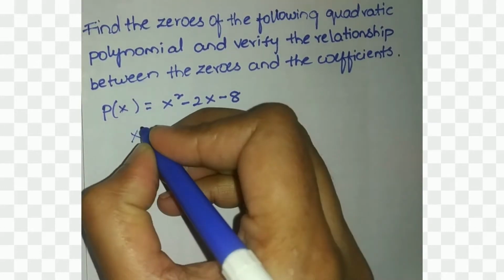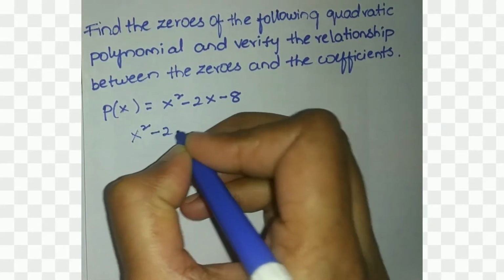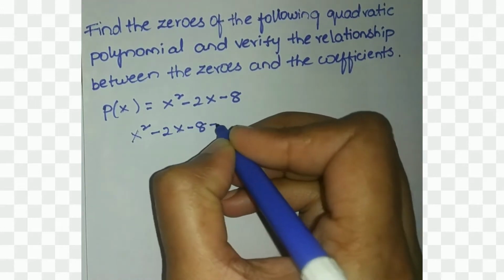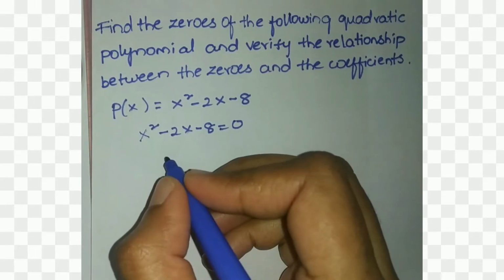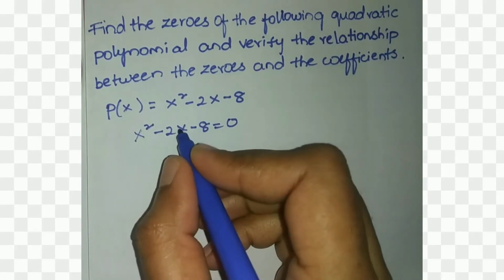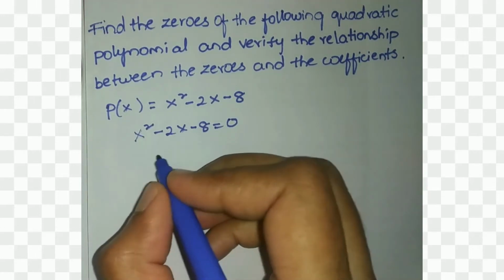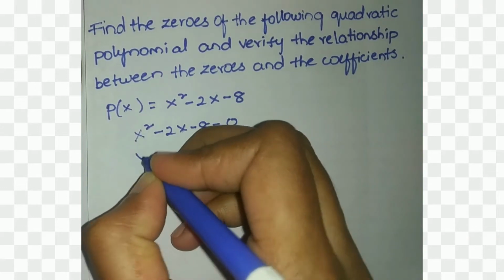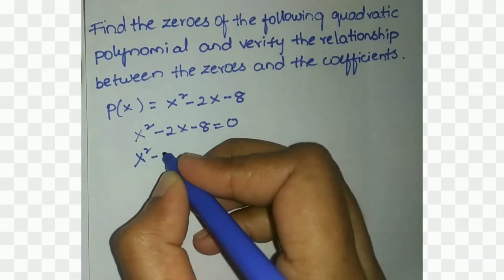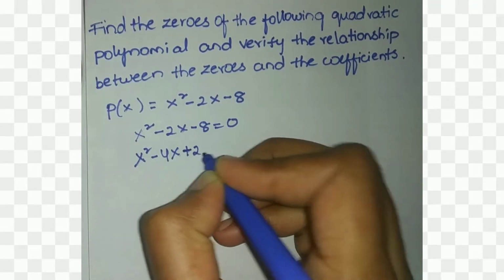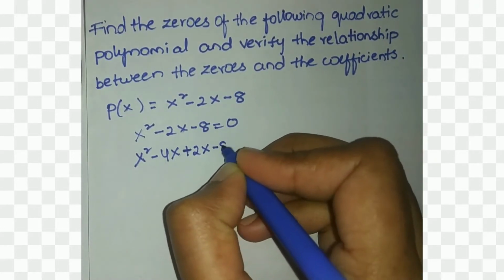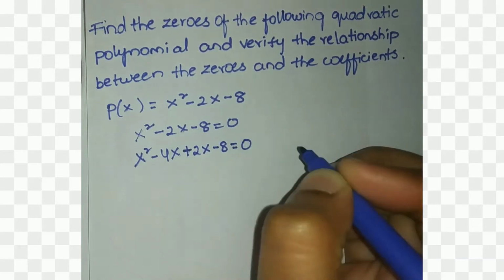So, x square minus 2x minus 8 is equal to 0. So, we need to solve this by factorization method. So, minus 2x can be written as x square minus 4x plus 2x minus 8 is equal to 0.